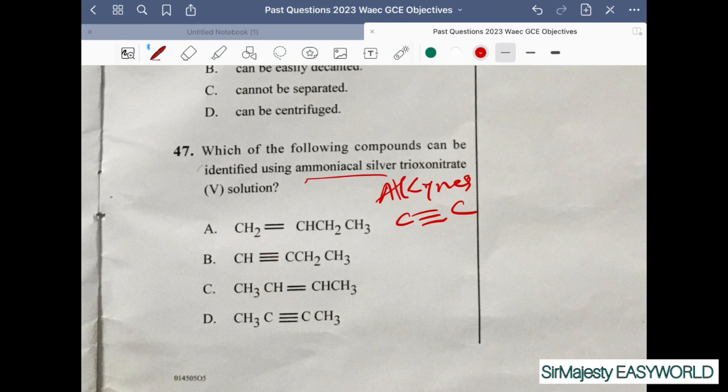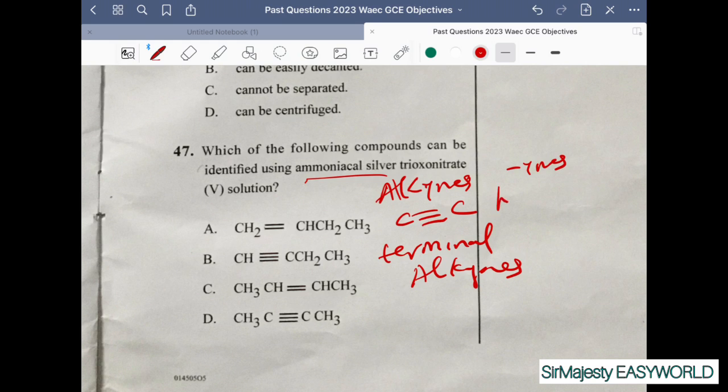So we are battling with which among D and B will be the answer, because both have triple bond. Now this test is sensitive to terminal alkynes. Terminal alkynes are the alkynes that have the triple bonds towards the end of the chain, meaning all the 1-ynes.